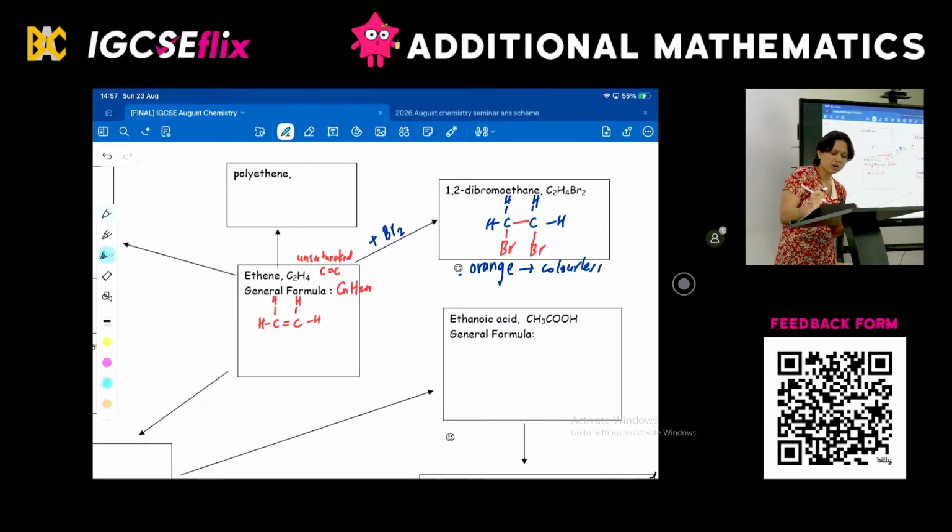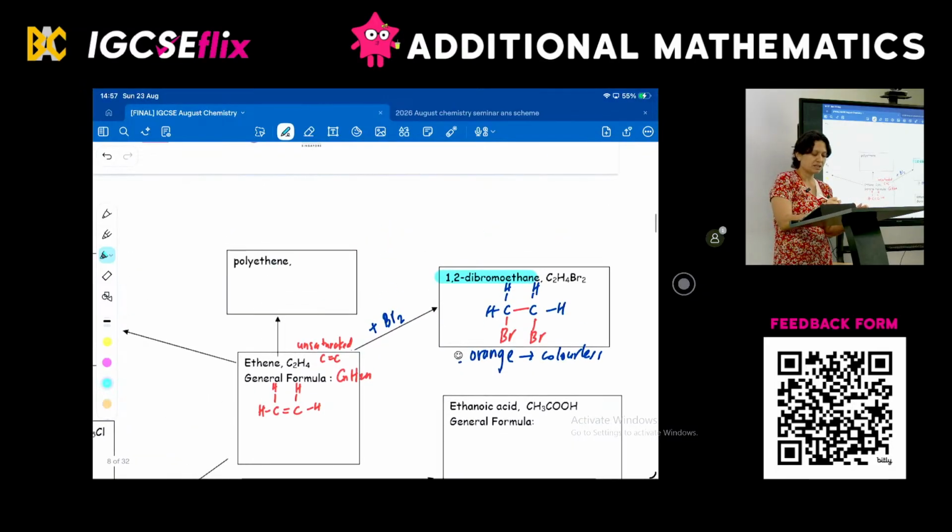Why is it called 1,2-dibromo? Because the bromine is on the first and second carbon. If something like this were to exist, okay, sorry, I draw nicer.